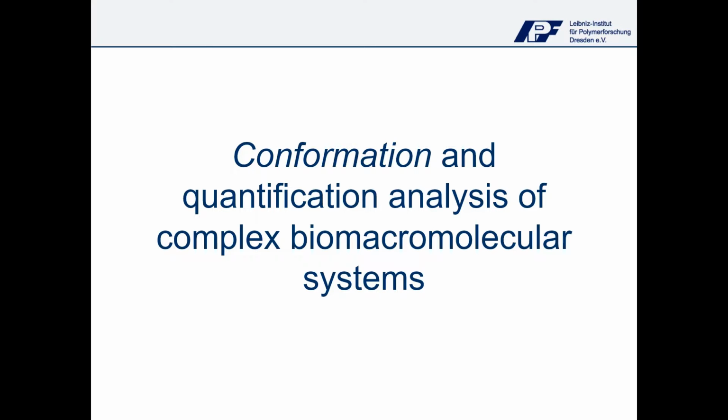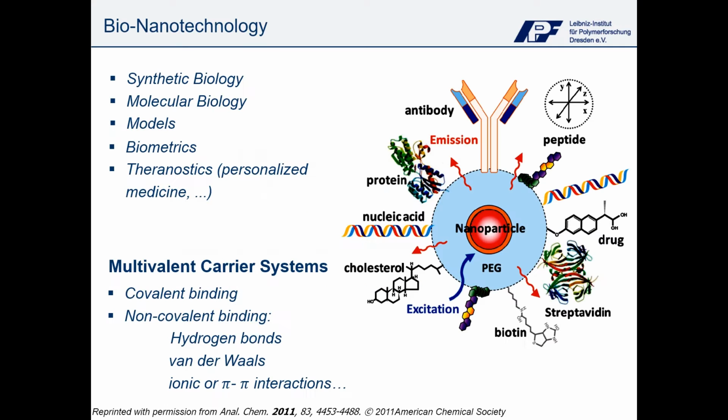Now I will start with the conformation analysis of biomacromolecular systems, which is very important in terms of bio-nanotechnology, for example. Bio-nanotechnology defines the progress within synthetic biology and macromolecular biology models, and they have to deliver solutions for biosensing and theranostics.